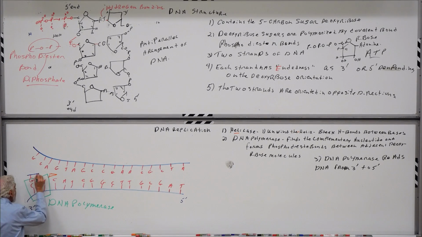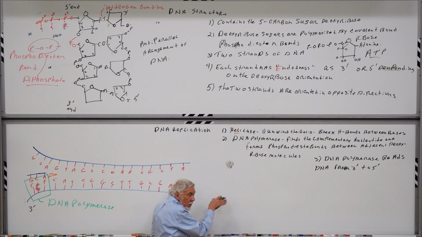So it's using the energy in the triphosphate of the incoming nucleotide to form this phosphodiester linkage. And this continues on down the line, where this thymine base pairs with an adenine, covalently linked then to the backbone. And this will go on, this cytosine to guanine, adenine to thymine. And this will continue in an unbroken fashion, moving from 3' to 5' end.